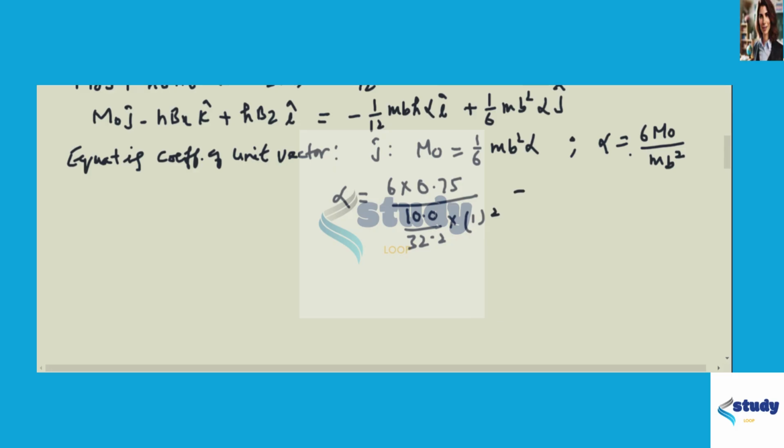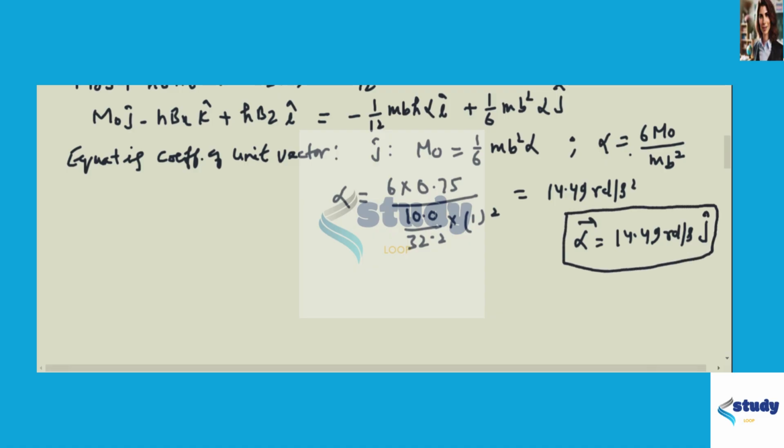So you will get 14.49 radian per second square. So one answer we have obtained. Angular acceleration of the assembly is 14.49 radian per second square j cap. This is the answer of A part.